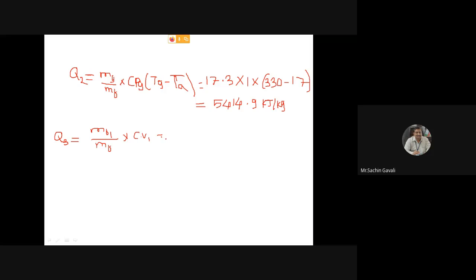ओके. काय येईल आता उत्तर? MF1 किती आहे कोण सांगते?